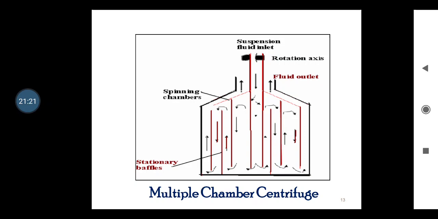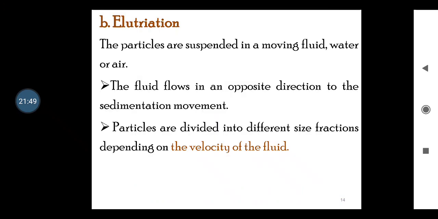And the particles which are quite light in weight, or which don't have any appreciable density, will still be entrained in the fluid flow and will come out from this fluid outlet. In this fashion, you can classify the different particle sizes available in your sample. So the construction and working of this multiple chamber centrifuge is quite simple.